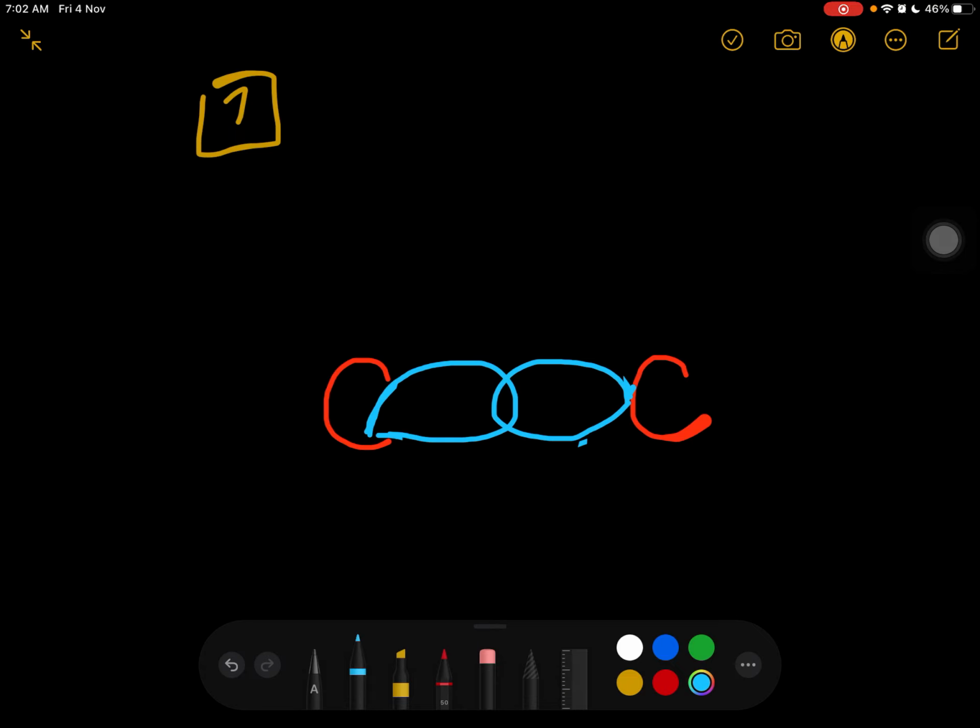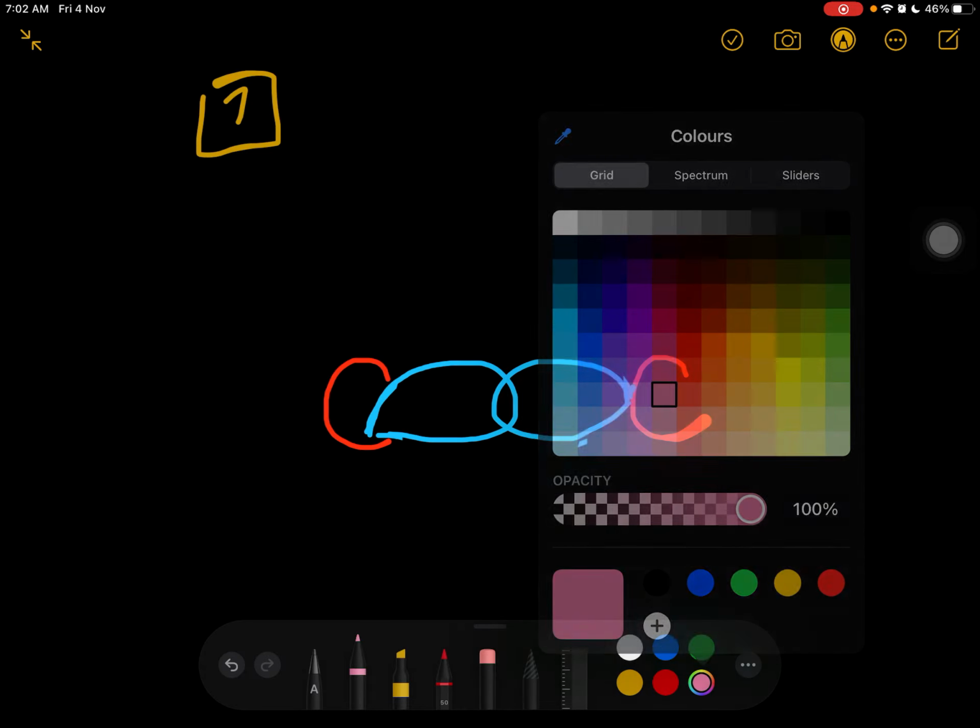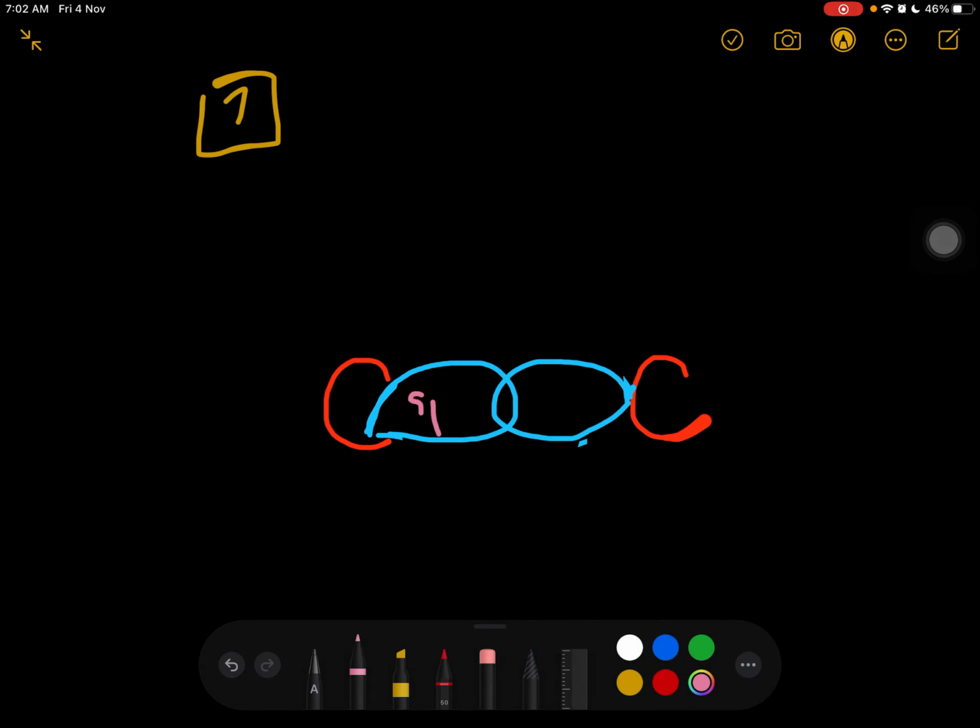Both have used sp2 orbitals. Now one valency of each carbon is done, and only two valencies remain.